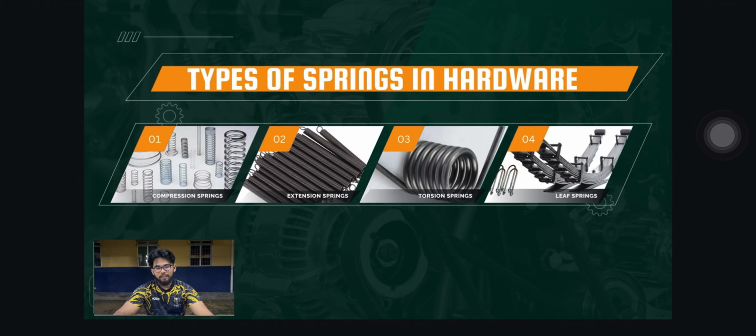The third one is the torsion spring. And lastly is the leaf spring. Leaf springs are heavy duty springs used for cars and vehicles like that. So those are the types of springs in hardware.